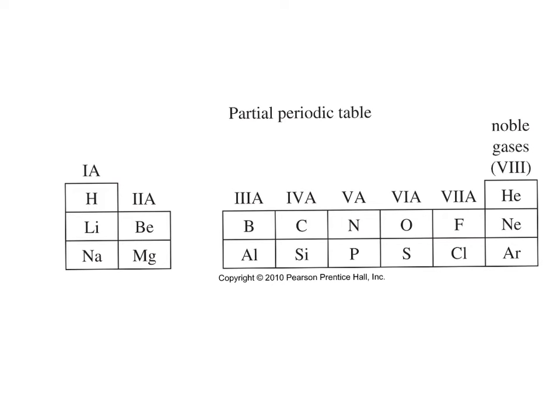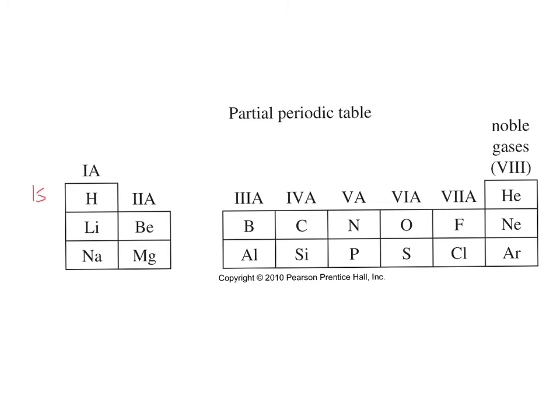So this very top row that you see right here, which just has hydrogen and helium in it, contains the atoms that would have electron configurations corresponding to a shell of 1. So these are in 1s. Hydrogen has 1 proton. That is the definition of hydrogen.